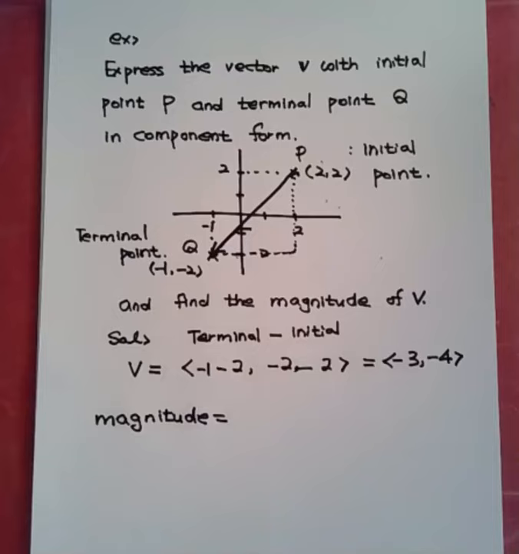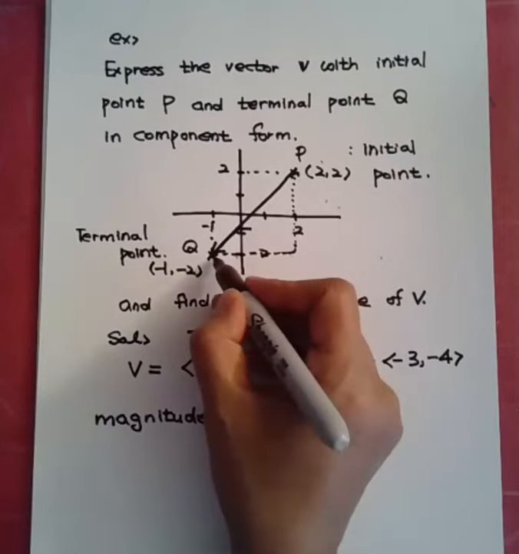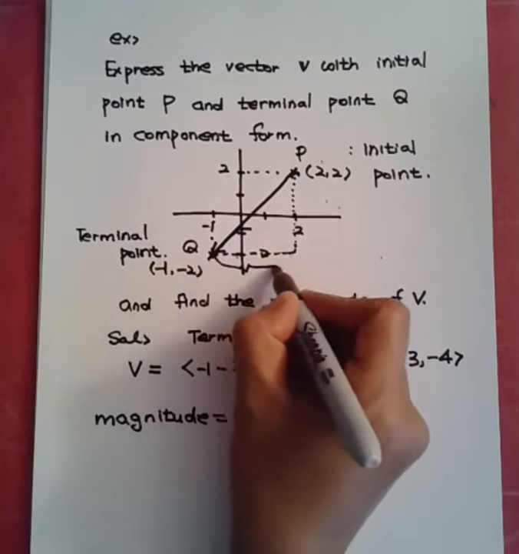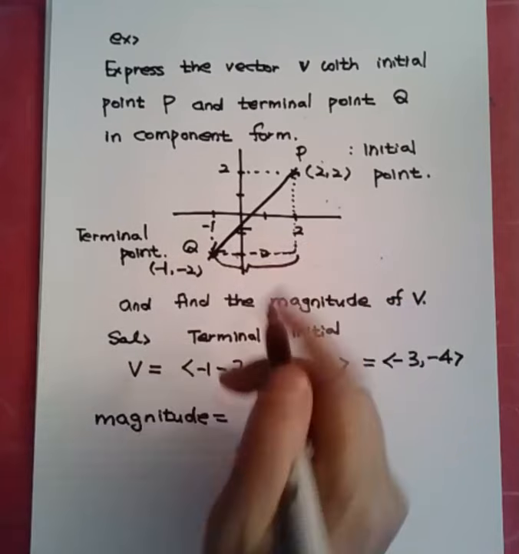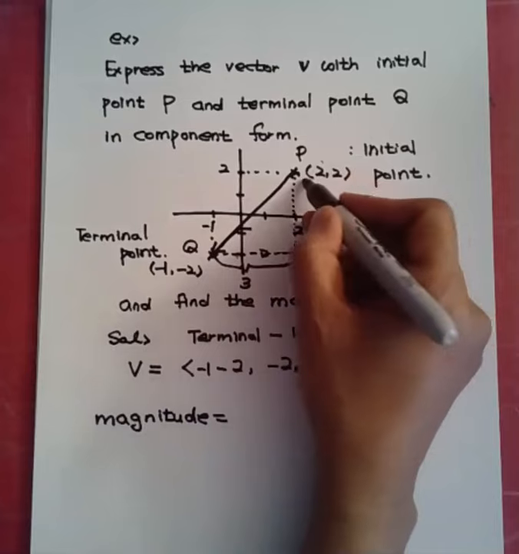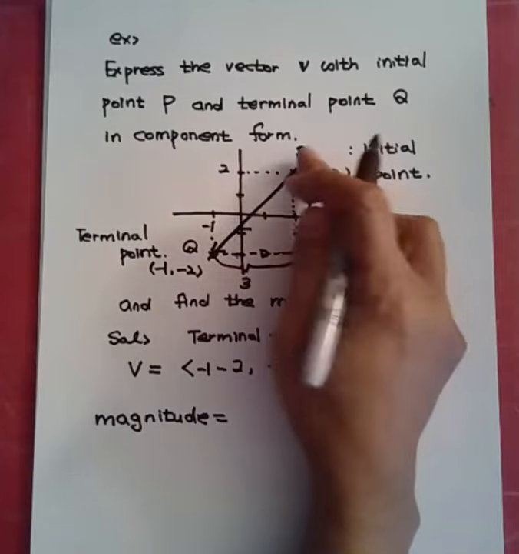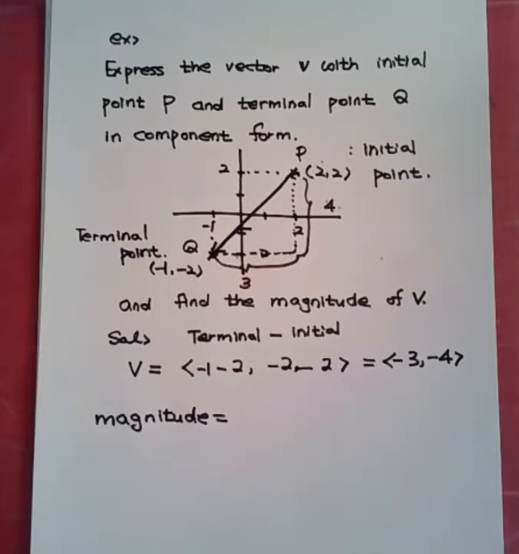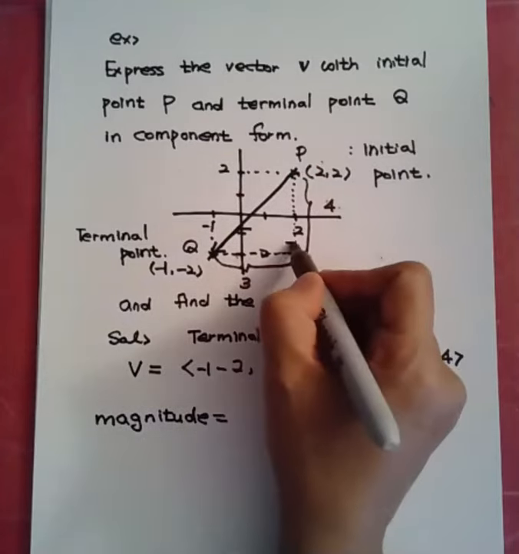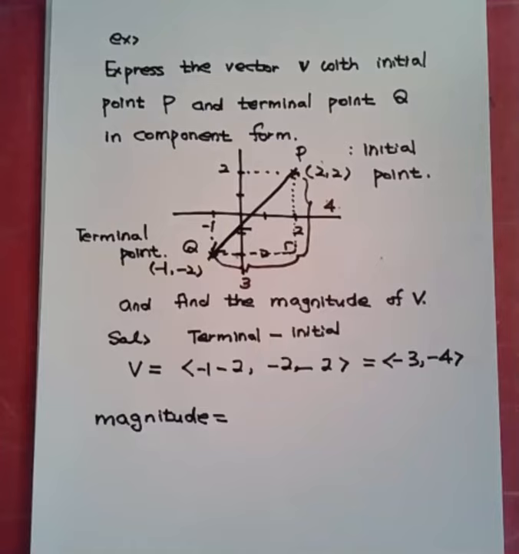It is enough to think about just the absolute value of those two values, because the distance between these two points is 3, and the distance between these two points is 4.